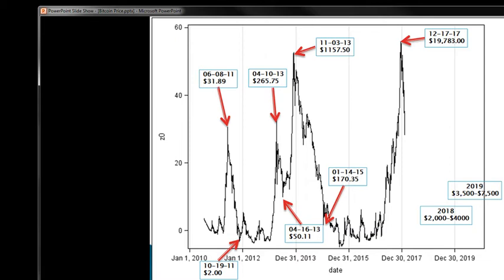So think about it this way. If the Bitcoin crashes to zero, the chance is close to 1 out of 10,000, 1 million. Then you can be pretty much safe to invest, right?